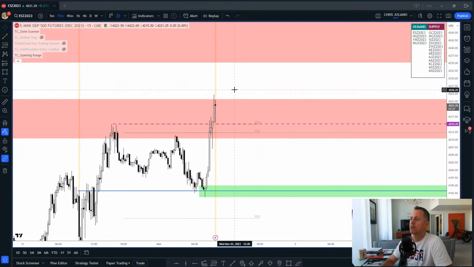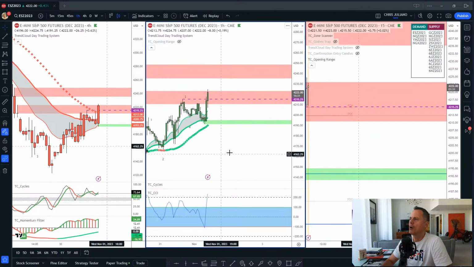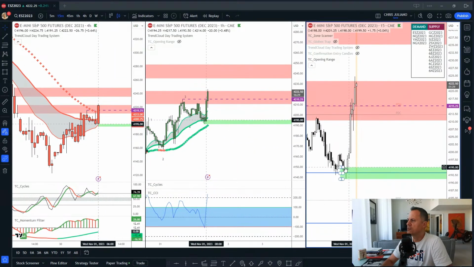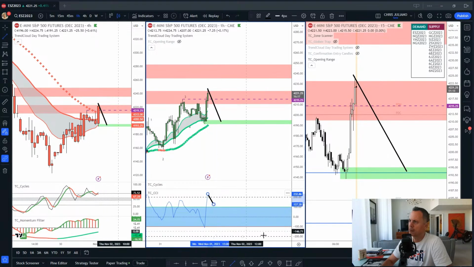And then pull back, right? Now, on the pullback to this zone, right? On the pullback to here, we want CCI to look like this.